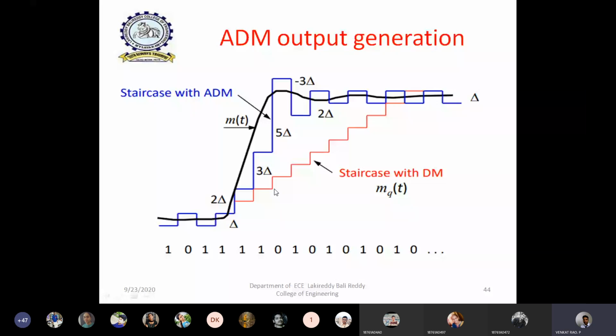It cannot increase more because we are using the same uniform quantizer having constant step size. This is the approximated staircase waveform observed in delta modulation. If you observe the gap between this input and the red line, the approximated staircase waveform, a large gap is observed. This gap is the quantization error known as slope overload distortion.